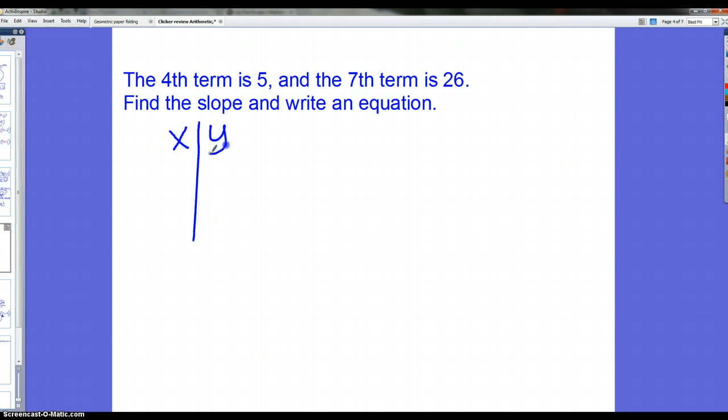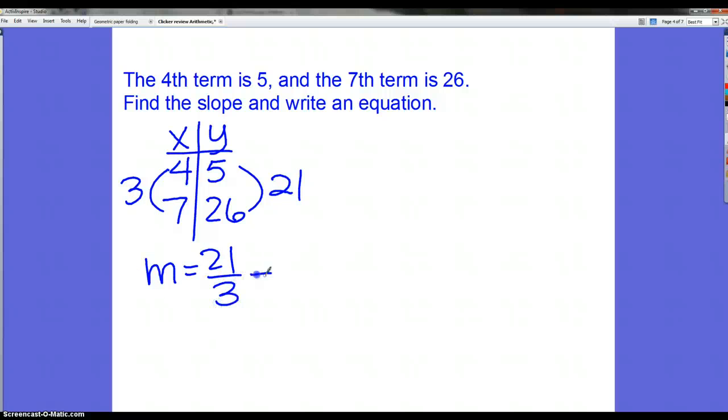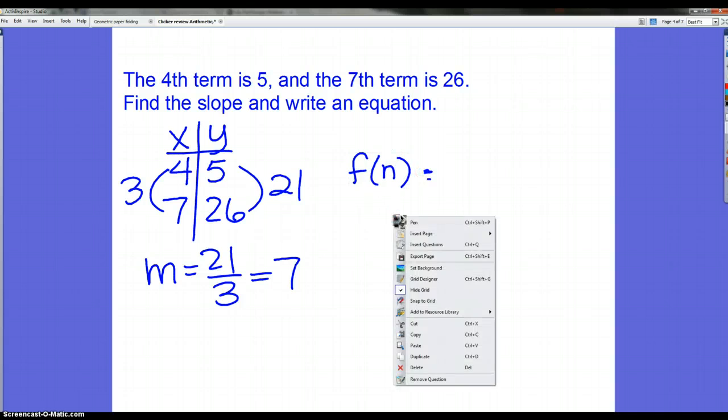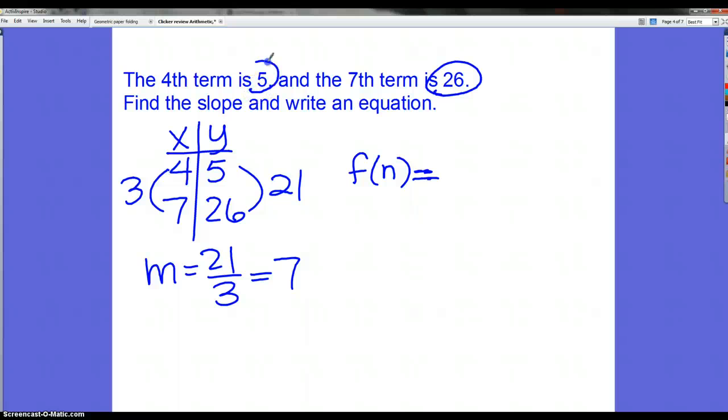So I already know I need to make a table with the fourth being 5 and the seventh being 26. So this 21 difference, this is 3. So my slope is going to be 7. And so then from there, I can write an equation because I know this term and I know the fourth term.